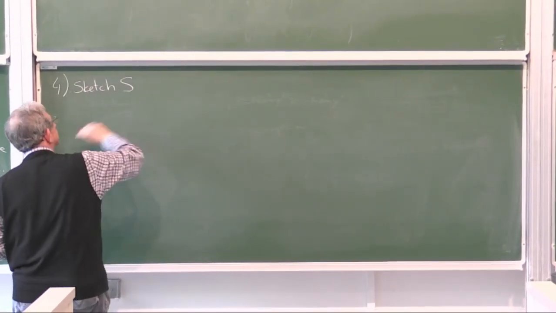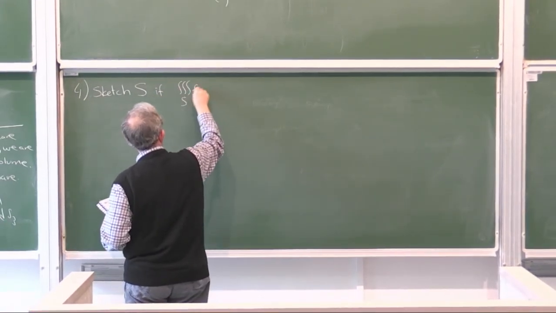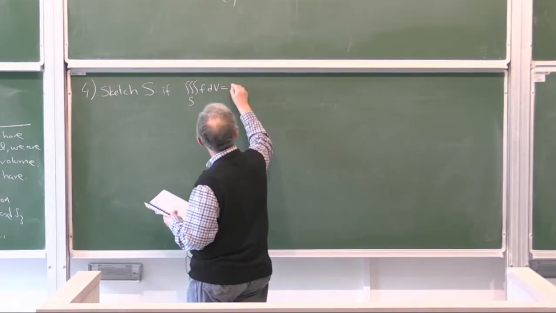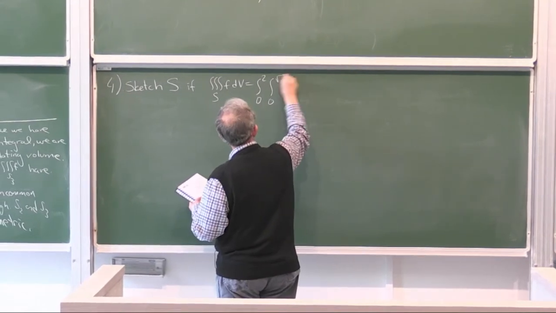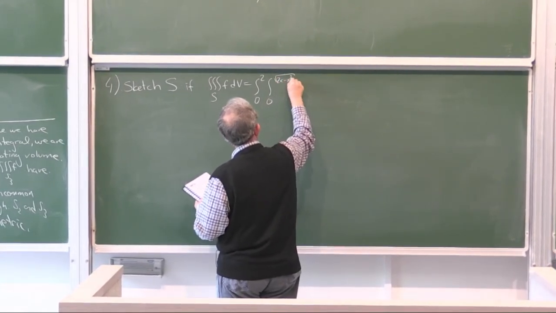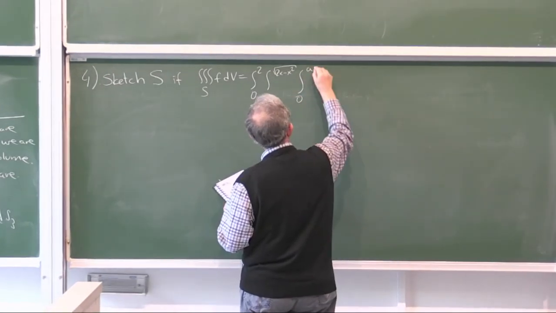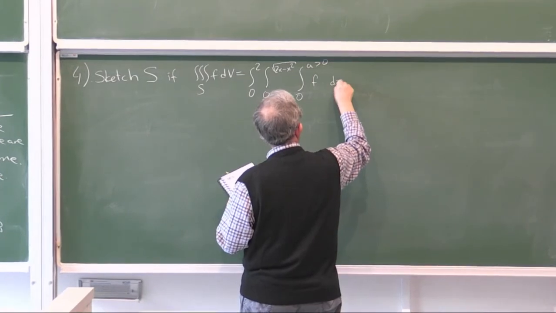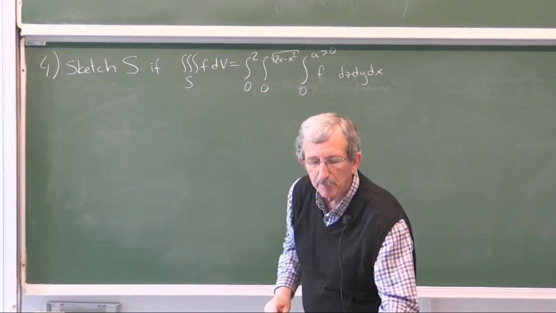Sketch S as if the triple integral over S is from 0 to 2, 0 to root of 2x minus x squared, and 0 to a. It's a positive number. We have an f, and we have dz, dy, dx.